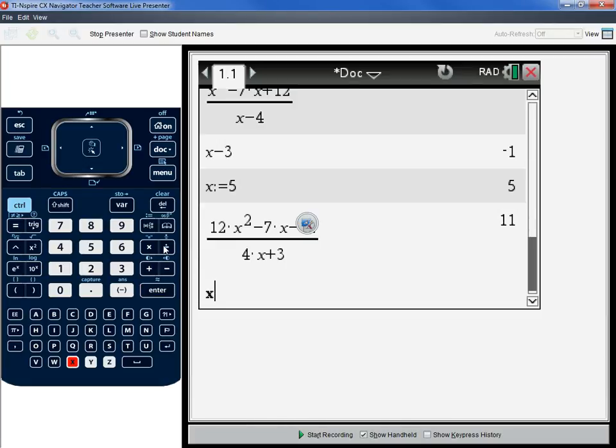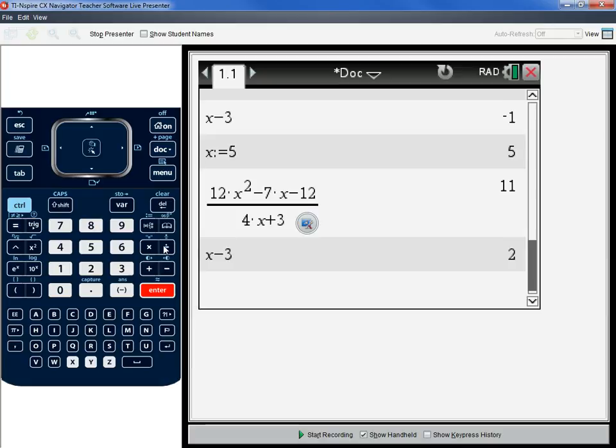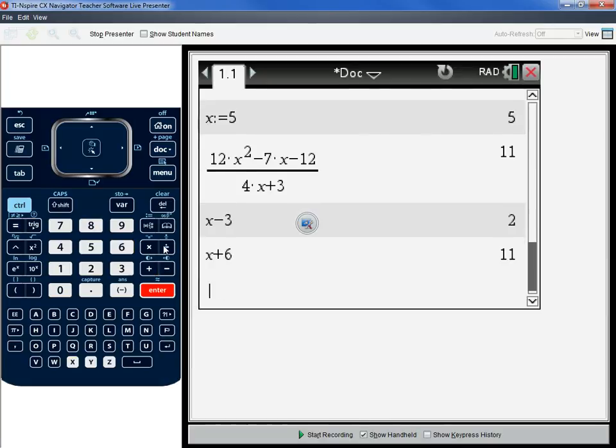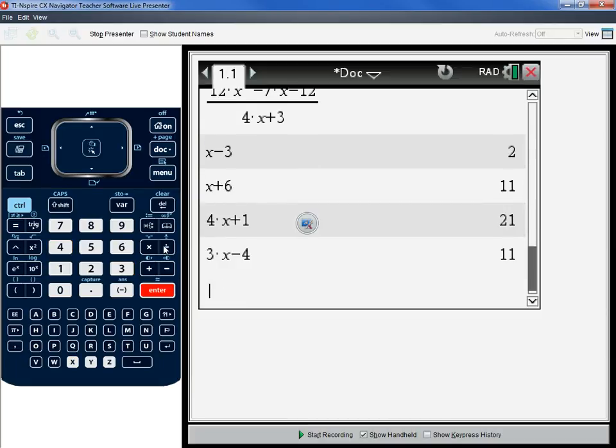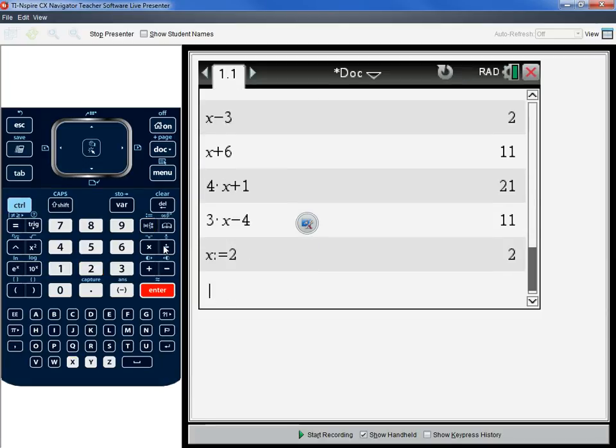So let's see, x minus 3, not 11. x plus 6, 11. 4x plus 1, not 11. 3x minus 4, not, ooh. Uh-oh, we have 2 of them that work. Goodness gracious. Let me change x to 2 and see if that changes things.